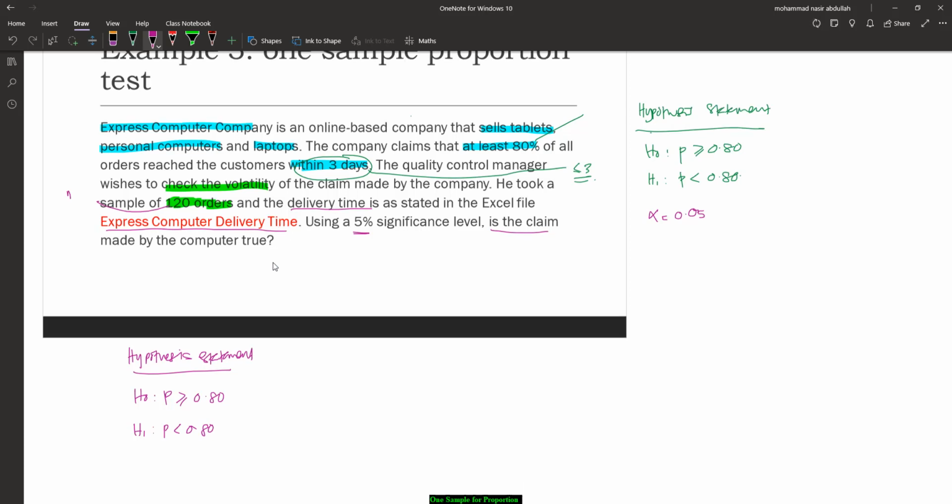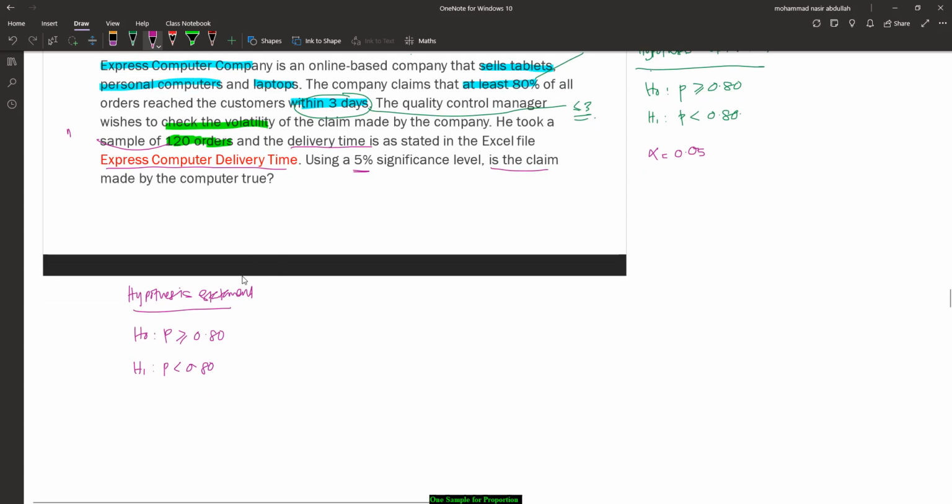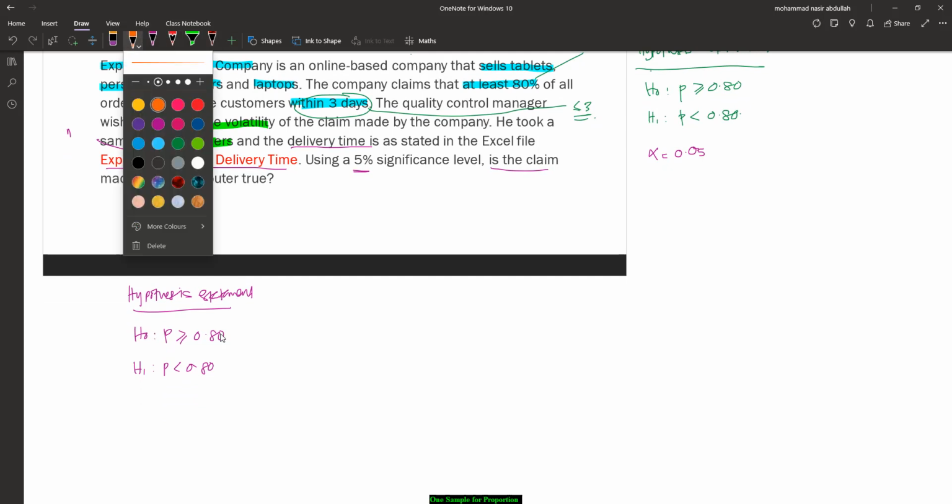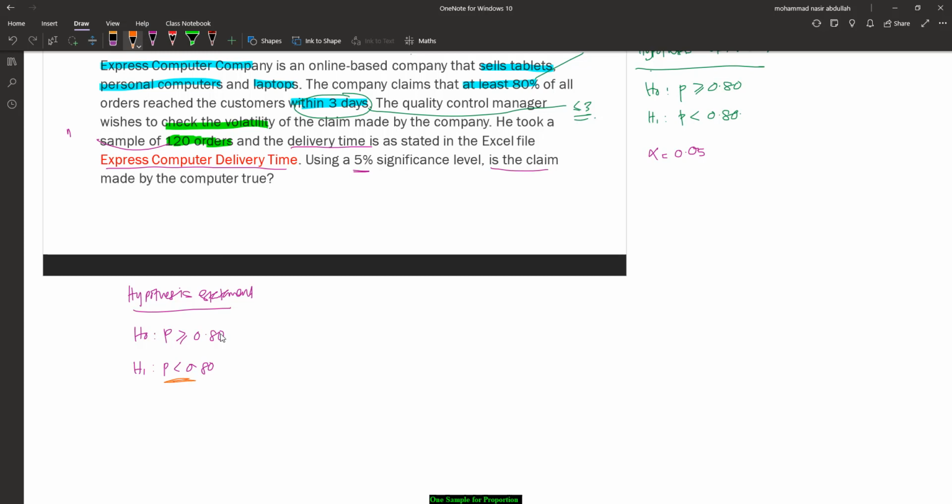We know that this is going to be a one-tail test because the alternate hypothesis is less than. Our alpha is 0.05. Next step is we need to state our test statistic.